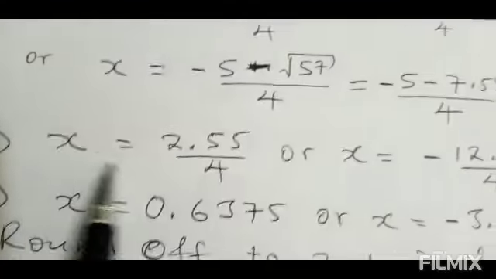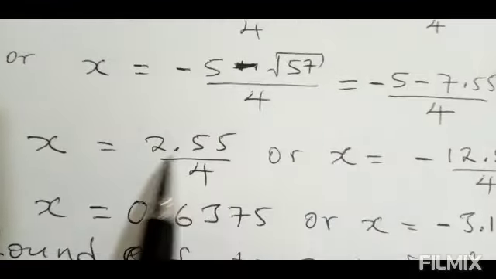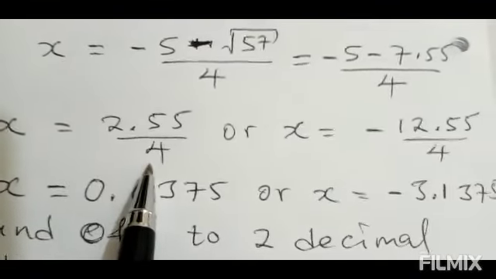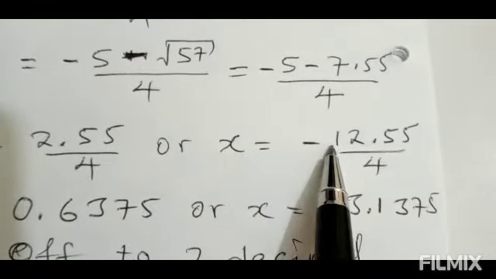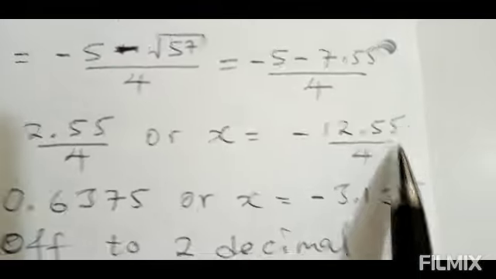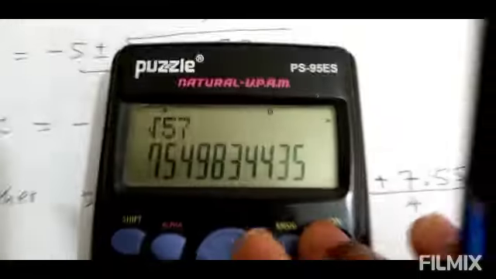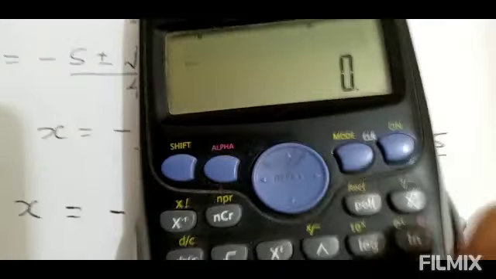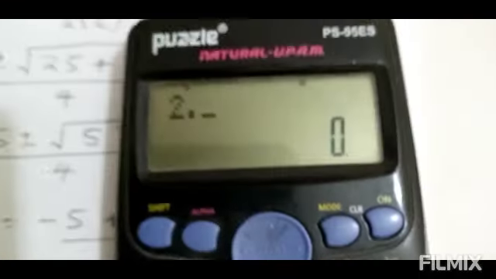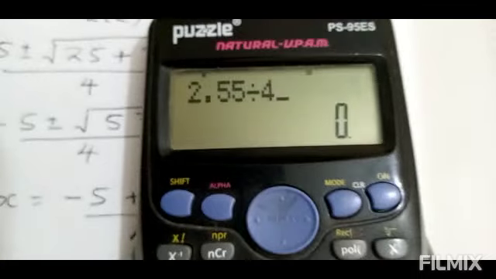So x is equal to, when you do the operation there, 2.55 over 4, or x is equal to minus 12.55 over 4. Here again we have 2.55 divided by 4.